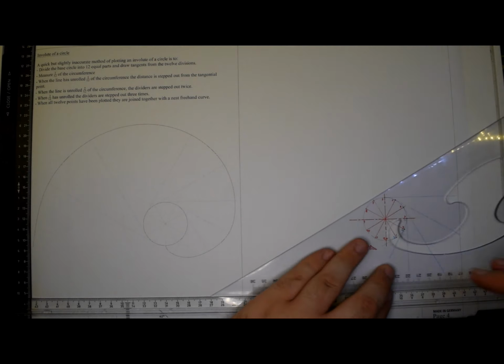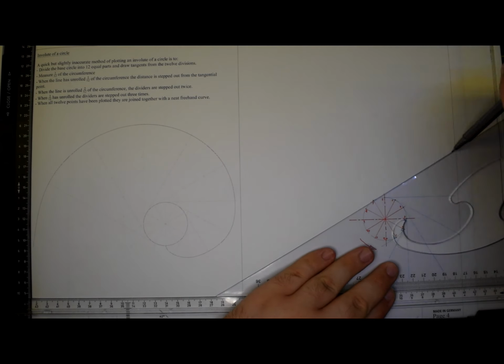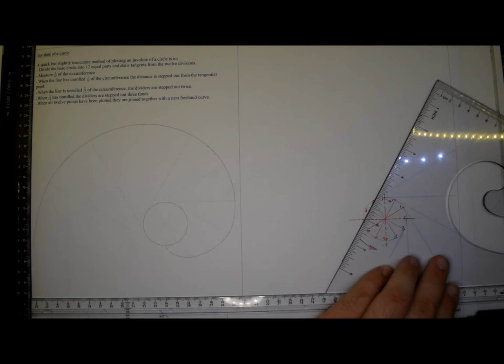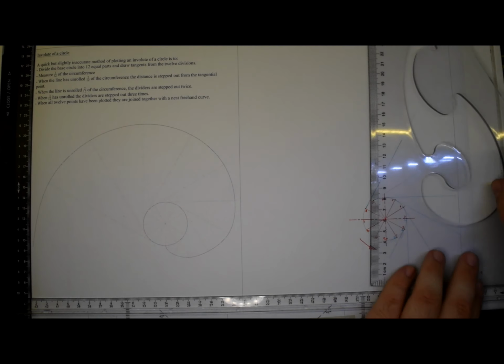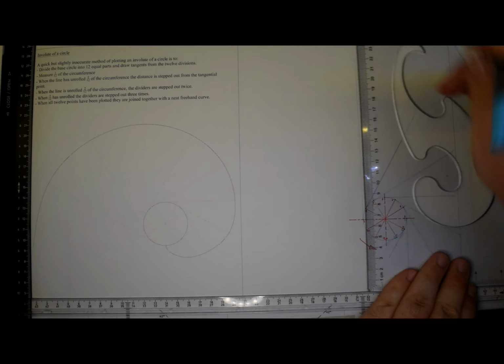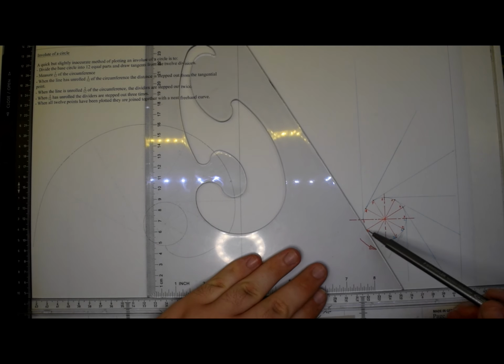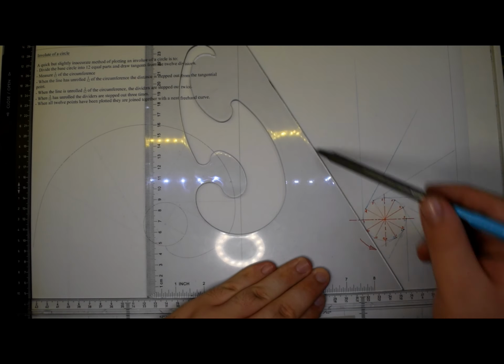Imagine that these extended lines are the piece of string that was round the shape that we had before. It is a piece of string being unwound from the shape.